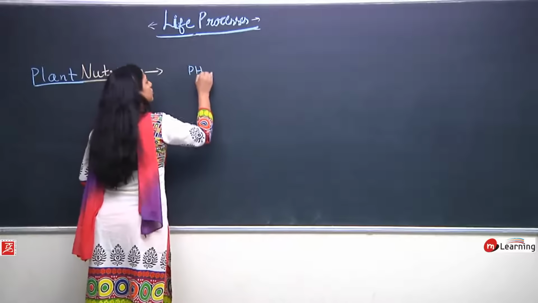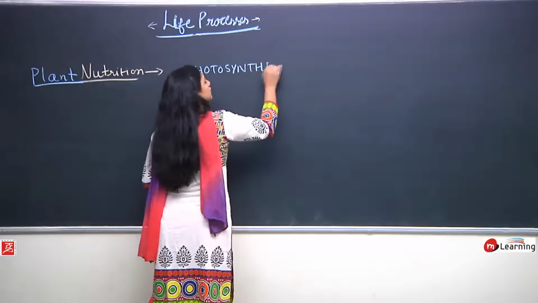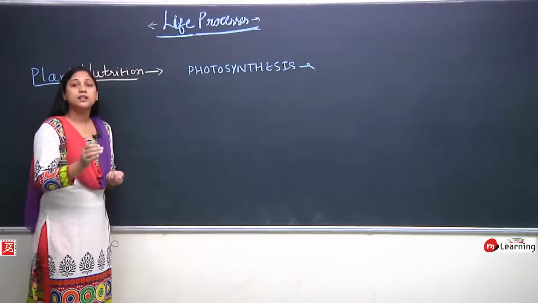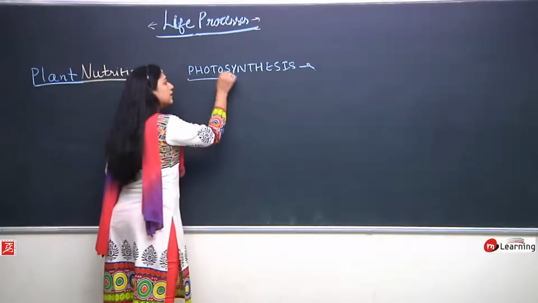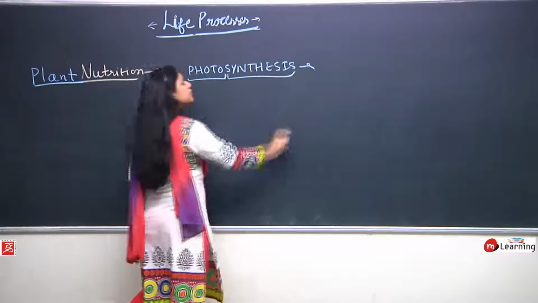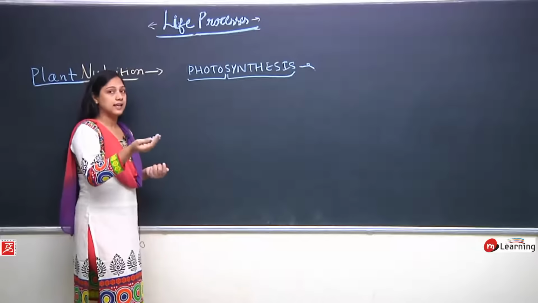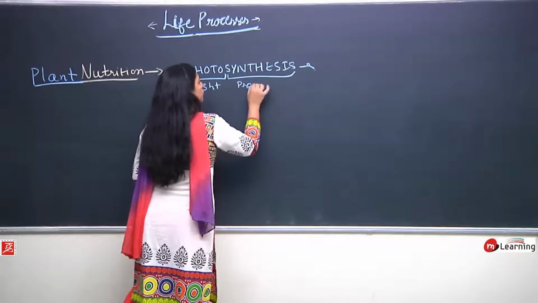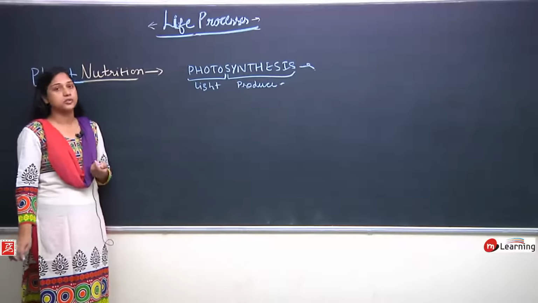And why is this called photosynthesis? Because a plant cell, in the presence of sunlight, light means photo, and by using carbon dioxide and water from the surroundings, synthesizes, produces their food, which is mainly an organic compound, carbohydrate or sugar.